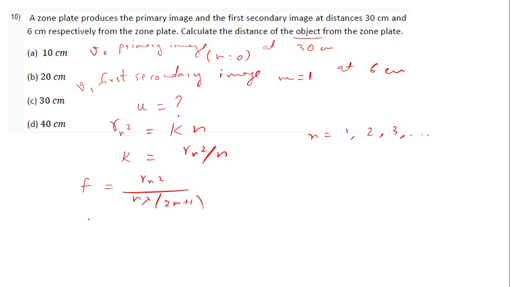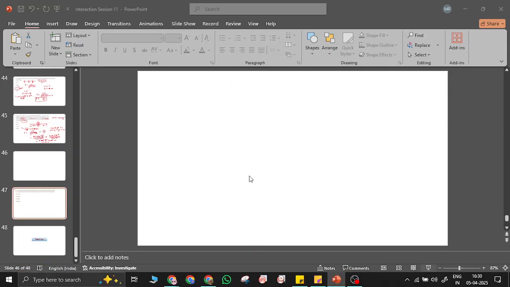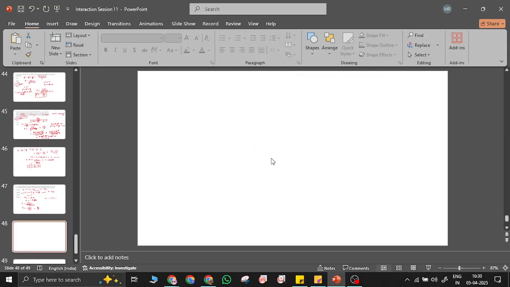So for primary image, focal length will be Rn square divided by, this will be 0 plus 1 means 1, n lambda. K by lambda. Now for first secondary image, focal length will be k over 3 lambda.